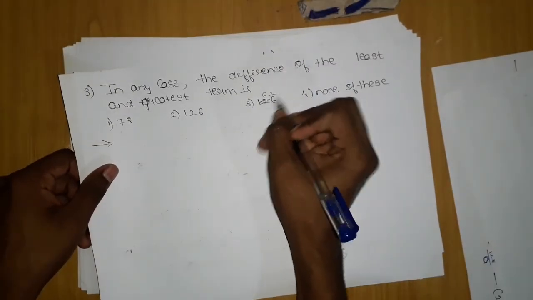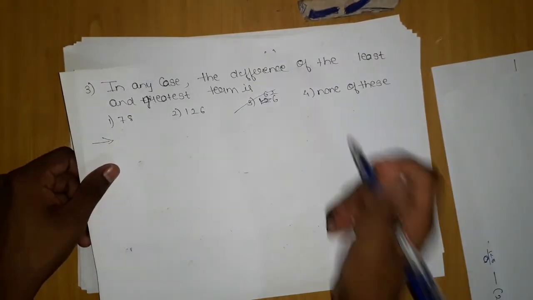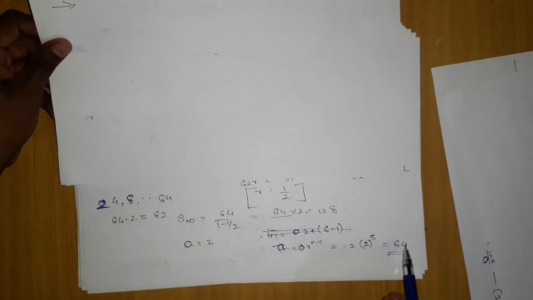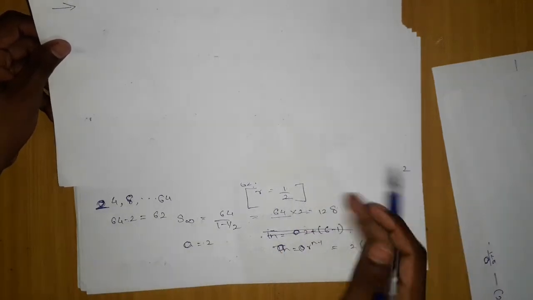I think I have written the third option the same. Okay, it will be 62, so it is correct, otherwise it would be none of these. So the answer is nothing but the difference, 64 minus 2. Here also the first term was this only, so the difference will be the same.